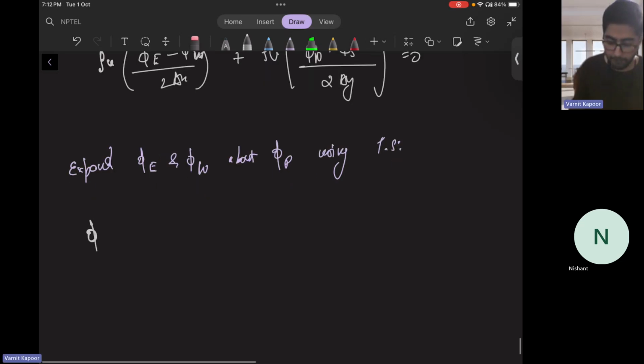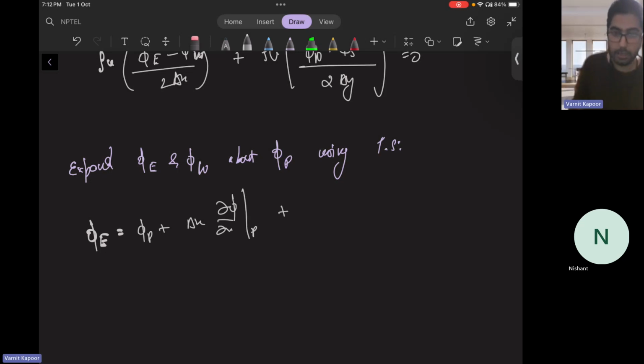So again, you will have phi east is nothing but phi p plus del x dou phi by dou x at p plus del x square by 2 factorial dou 2 phi by dou x square, and so on.